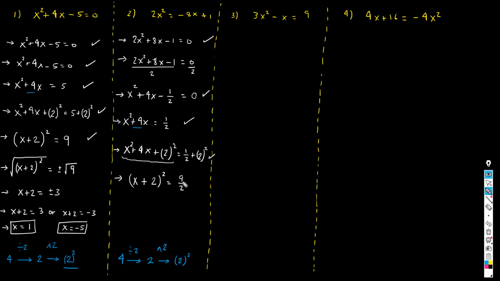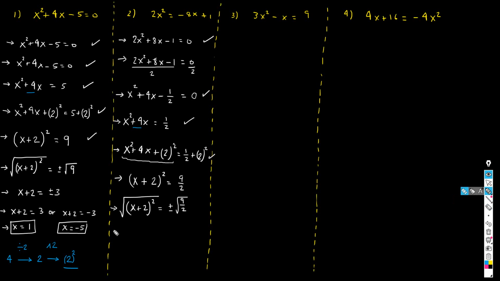And at this point, everything now is a piece of cake, because all you need to do now is take the square root on both sides, which we have done already. x plus 2 to the square. Let's take the square root of that, and let's take the square root of 9 over 2, 9 halves. Remember the plus and minus. Let me erase this because I don't need it anymore.